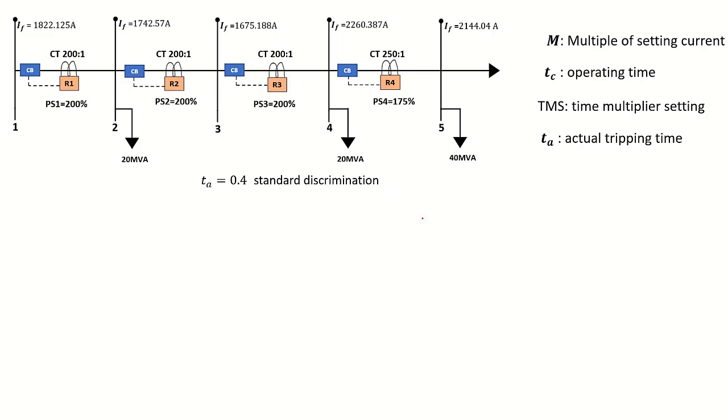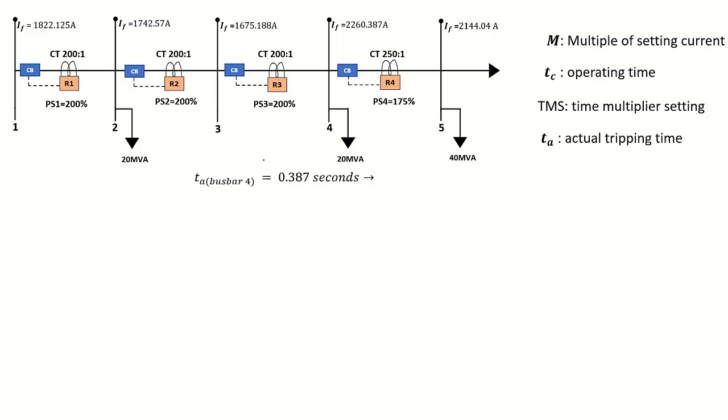That is the standard discrimination, and from that 0.4 we then calculated TMS of that relay for a fault on busbar 4, which we got the value of 0.092, and from there we could then calculate the TA for busbar 4, which we got a value of 0.387 seconds. Now continuing, we're now going to move on to relay number 3.